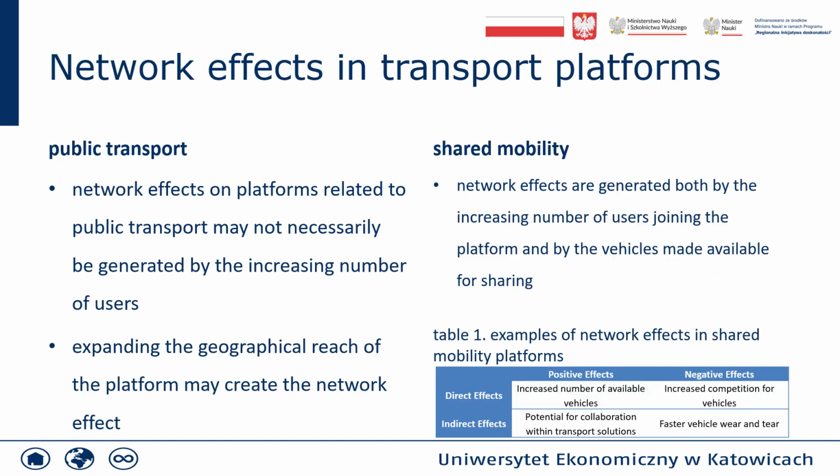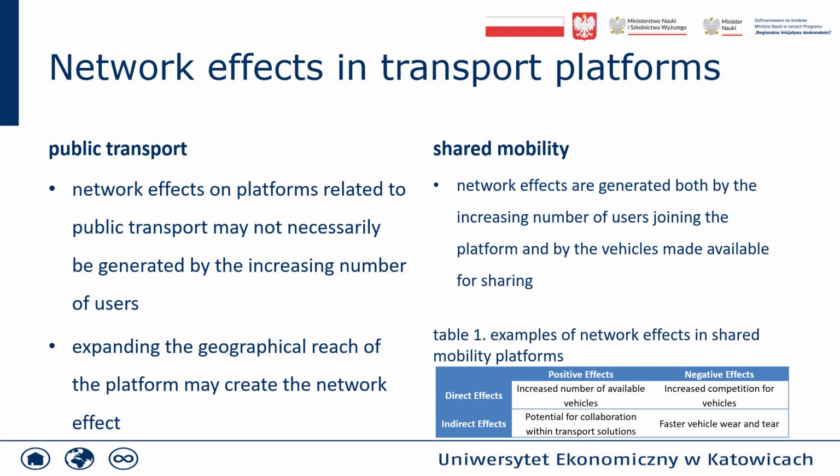And network effects in transport platforms can be observed in the case of both public transport platforms and shared mobility platforms. In case of shared mobility, it was shortly described on the previous slide, but still. In public transport, network effects on platforms may not necessarily be generated by the increasing number of users of that platform, but by expanding the geographical reach of the platforms, the growing number of public transport operators available on that one platform.